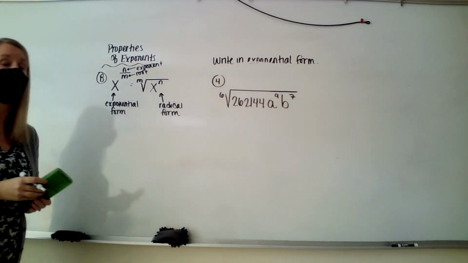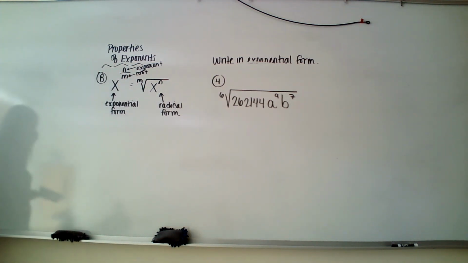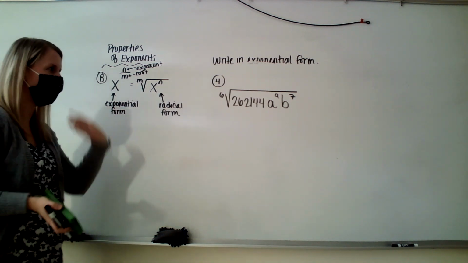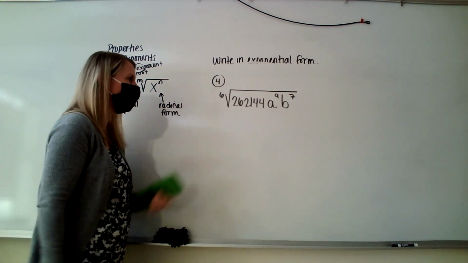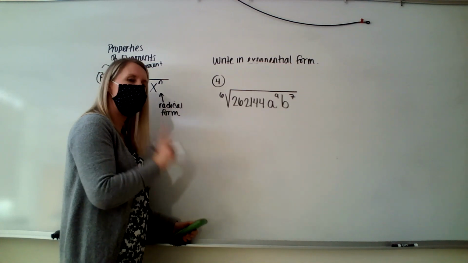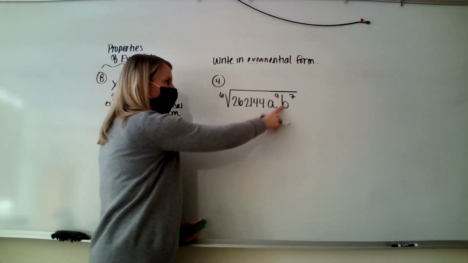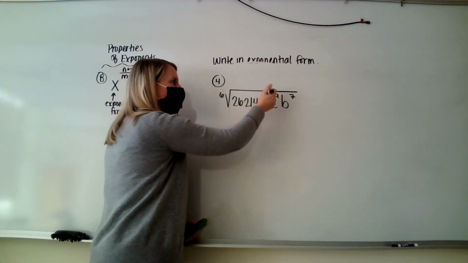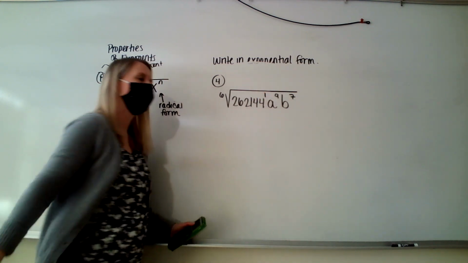We don't get freaked out by big numbers because you don't even have to do it in your head anyways. The big thing is, do I know how to use my calculator? So, I know sometimes we're like, don't use them, like use your brain. But this stuff you would never do in your head, so use them. Make sure everything has an exponent. B is good, A is good, 262,144 I'm going to raise to the 1st power.